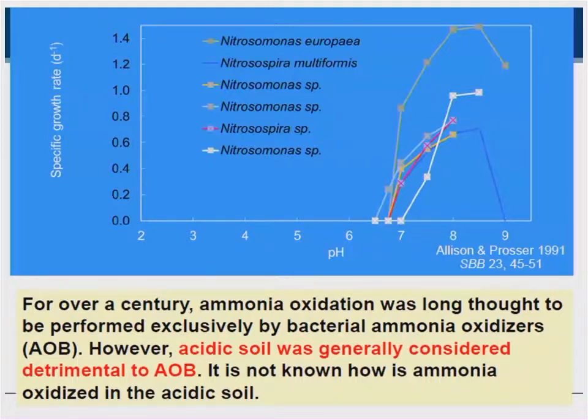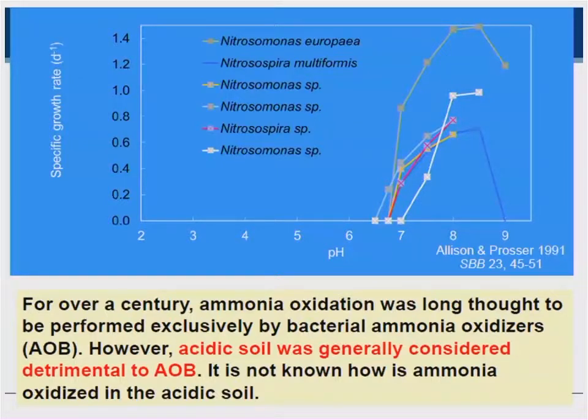But those ammonia oxidizing bacteria do not grow well in acidic soil, because the optimal condition is basically a pH from 6.5 to 8.